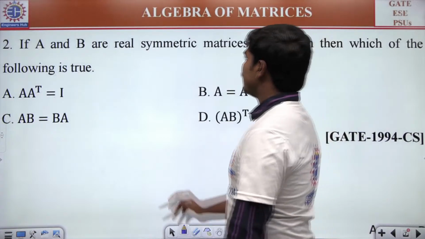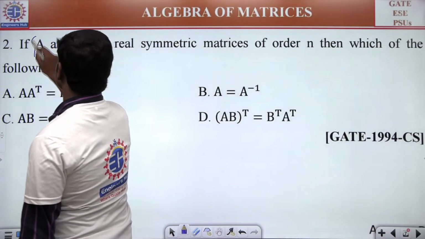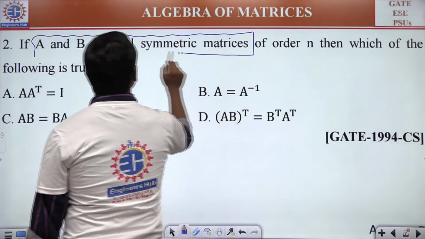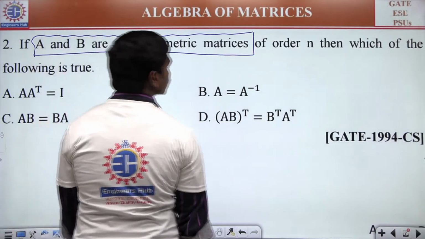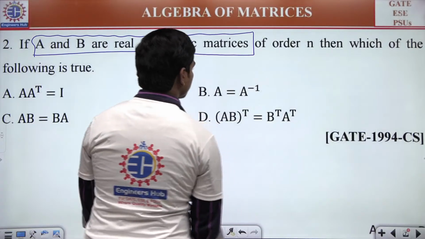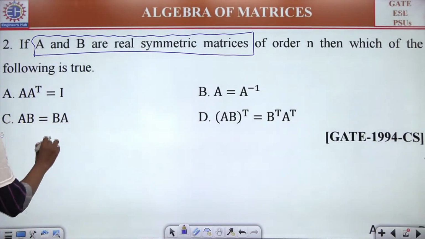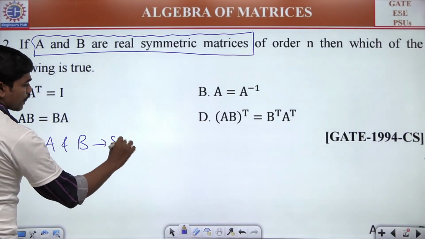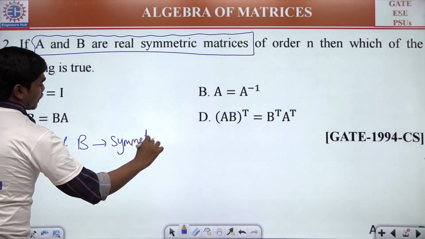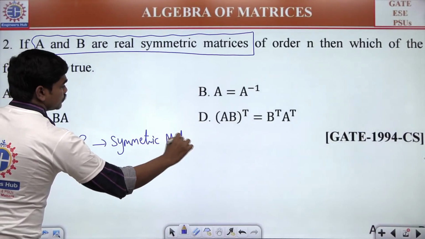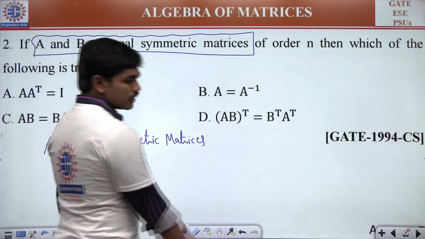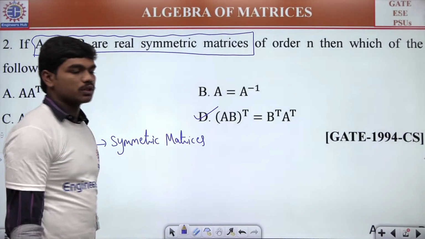If A and B are real symmetric matrices of order n, okay, they should be square matrices of course. Which of the following is true? A and B are symmetric matrices. Which is always true? We have seen this is a property of the transpose, correct?